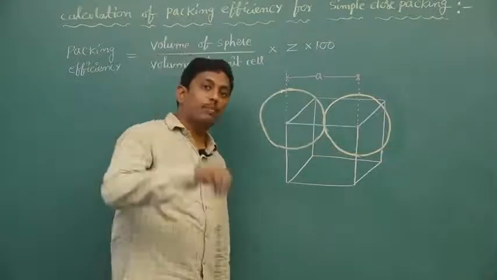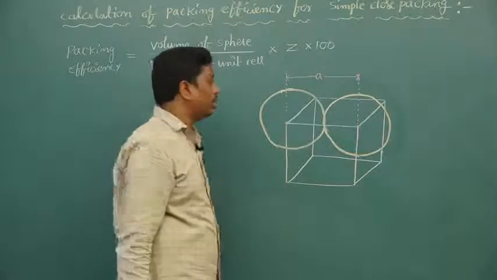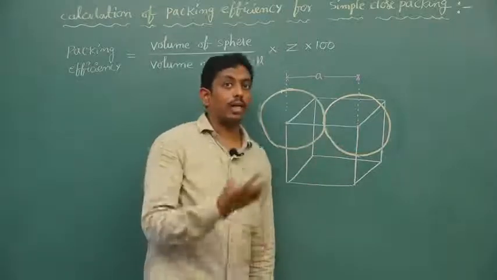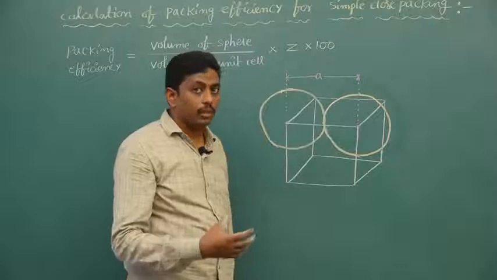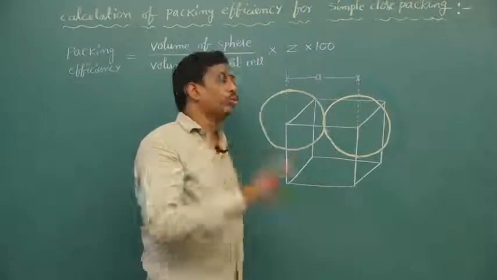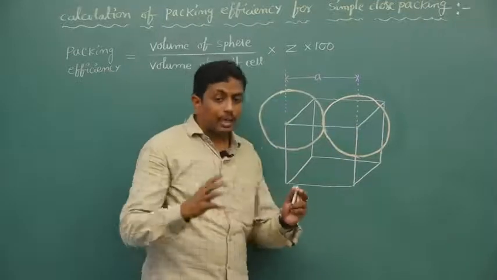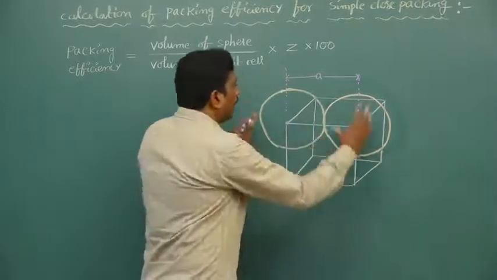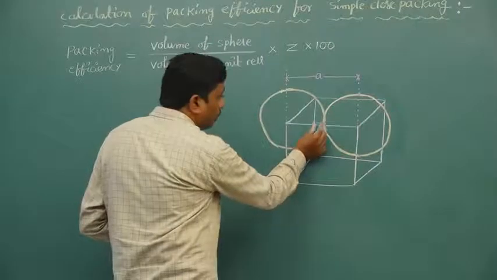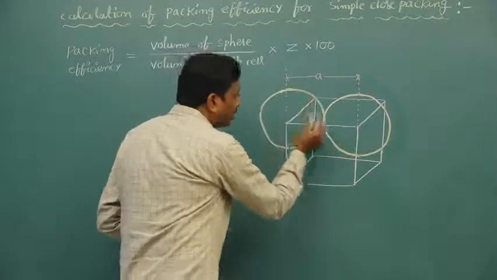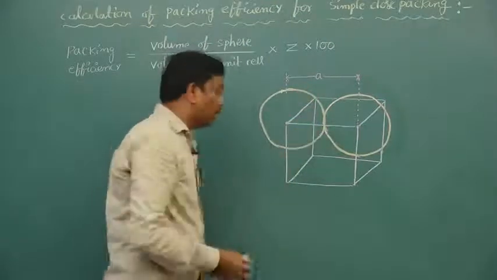I am considering a simple cubic unit cell. Particles are present at all the corners. For simplification purposes, I considered only two corners, 1 and 2, and I said that particles are in contact. This contact must be present. You need to represent that properly, otherwise it is wrong.